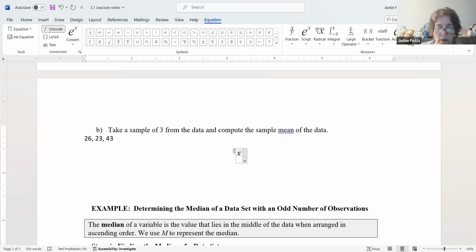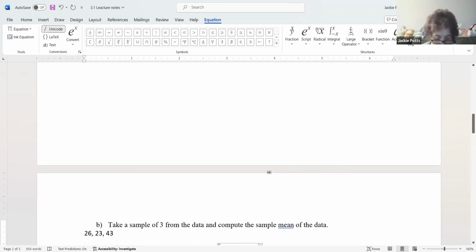So my X bar equals, and my calculator says 30.667. It's actually 30.666666, but again, remember we round to 3 decimals. Now this time I typed X bar because it is a sample mean.